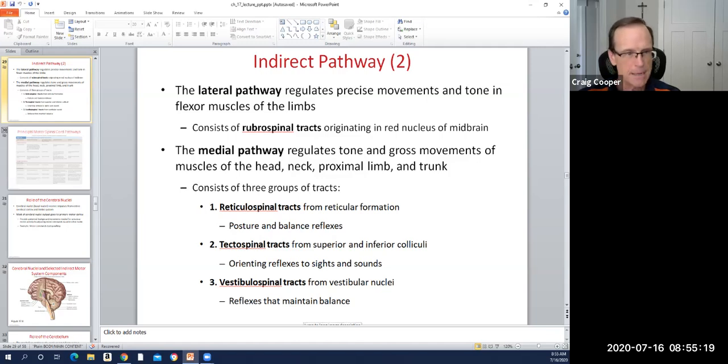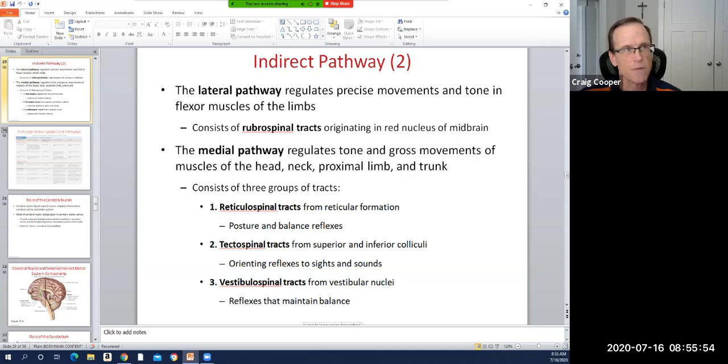Again, if we're thinking about maintaining standing posture, we need to balance out flexor and extensor tone to keep the joints lined up the way that we want them to be lined up. The ones here in this lateral pathway, the reticulospinal, the tectospinal, and the vestibulospinal, are definitely more reflexive oriented. So posture and balance reflexes in the reticulospinal, and they're called that, reticulo, because their initial neurons originate in the reticular formation.